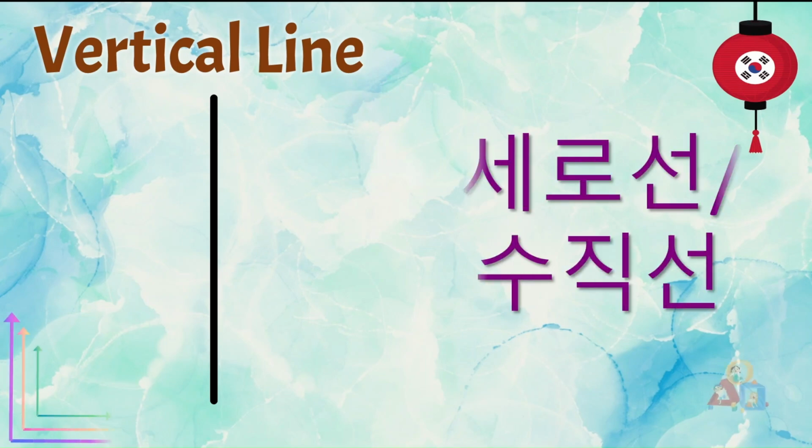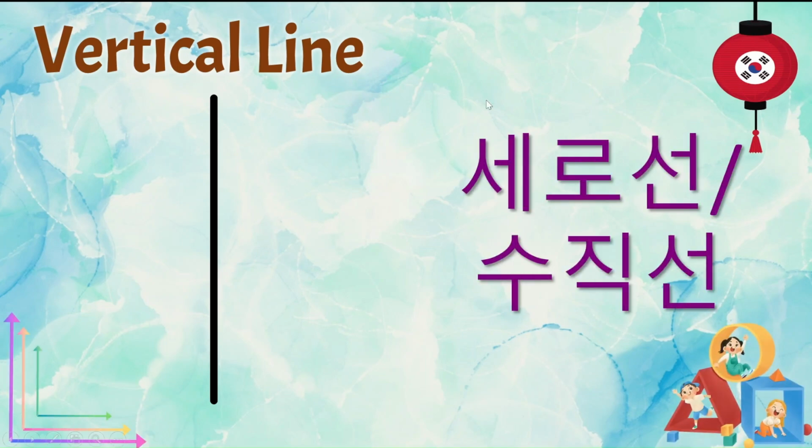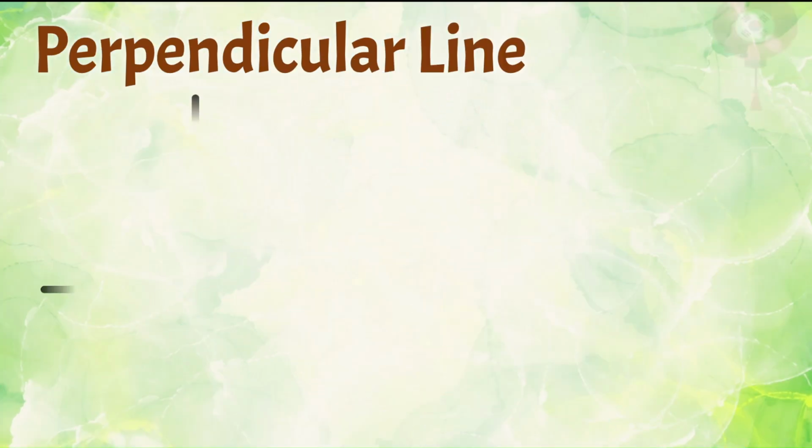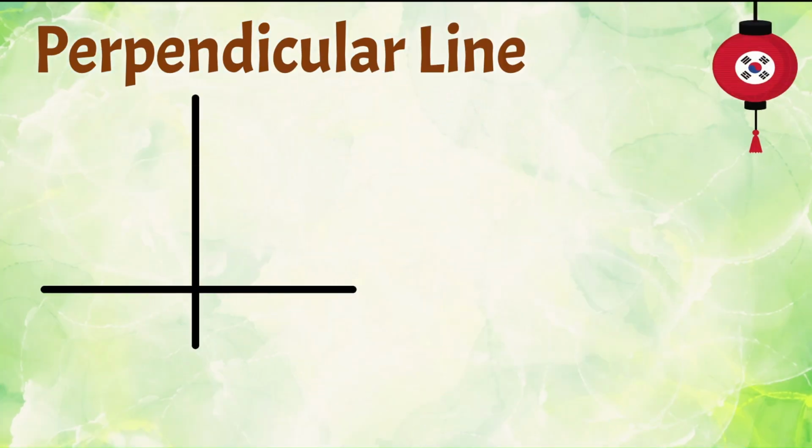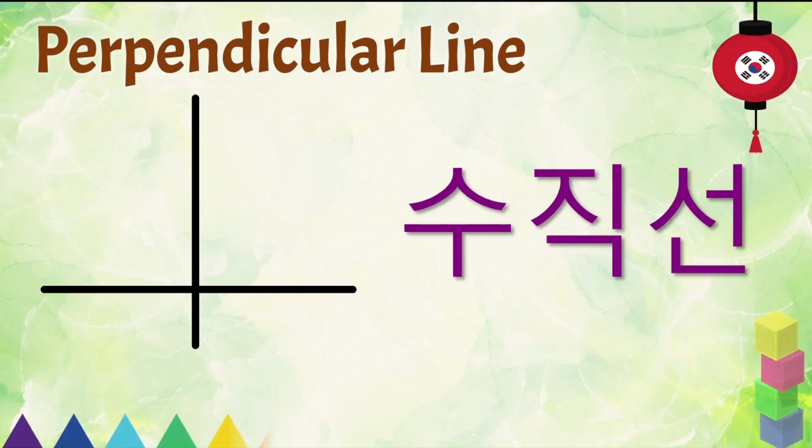Now, vertical line, again, there are two ways to say this. One is 세로선, 세로선, and the second word is 수직선, 수직선. Both of these words, they can be used to say vertical line in Korean. Now let's move ahead and see the next line, that is perpendicular line. Now, perpendicular line is 수직선, 수직선.